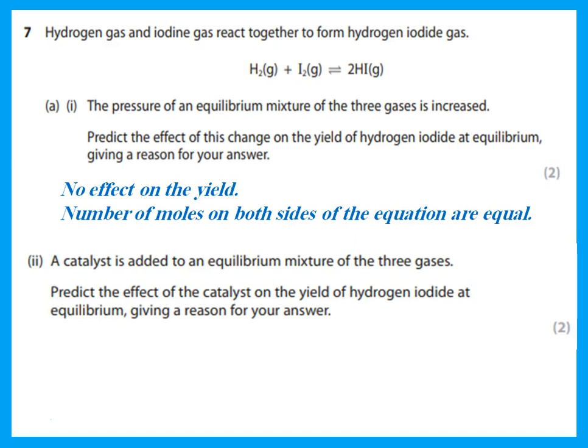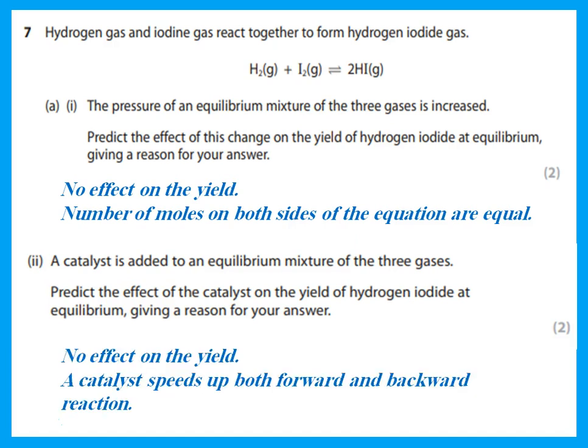Then he says a catalyst is added to an equilibrium mixture. Remember, we said, what does a catalyst do? In general, a catalyst increases the rate of a reaction. And for the reversible reaction, we said the catalyst speeds up both forward and backward reactions. So actually, it will not make it go forward and it will not make it go backward.